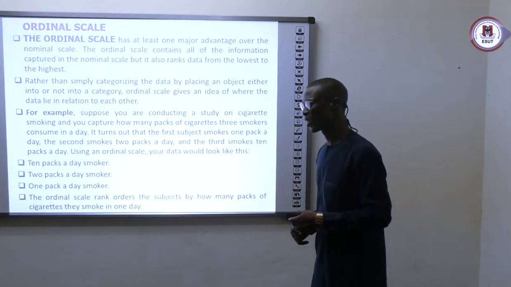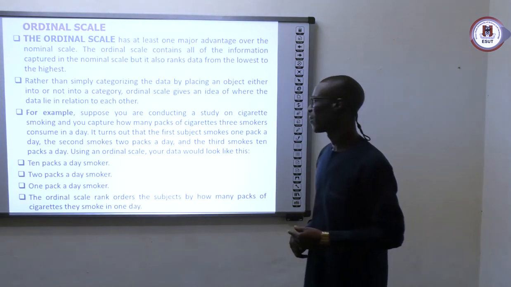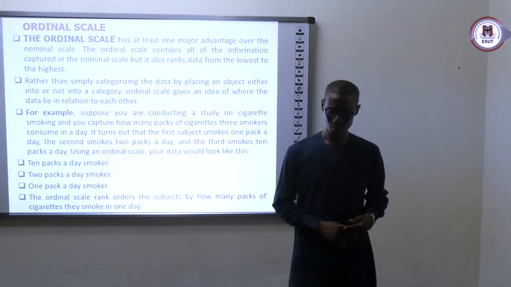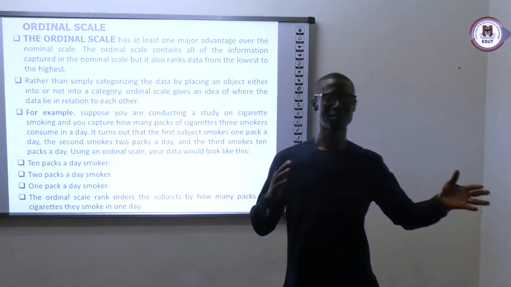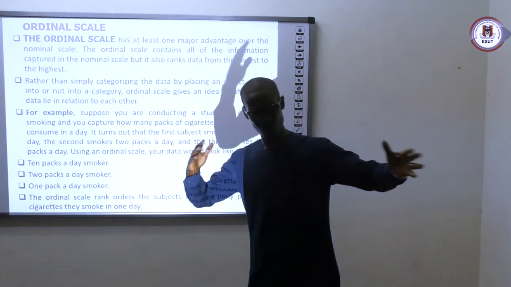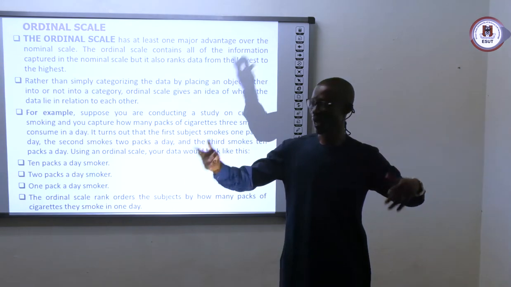So let us look at the next one. The next one is ordinal. An ordinal variable is simply ordering certain phenomena into categories.